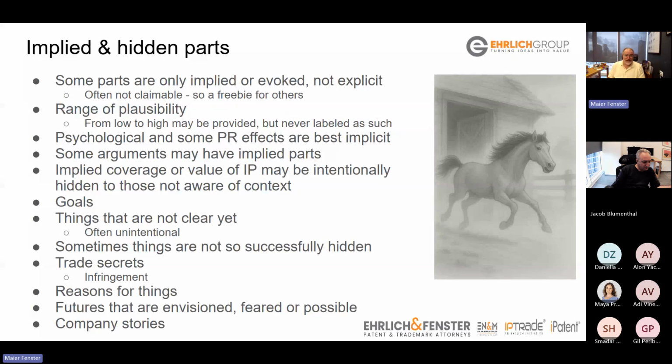You're never going to say this embodiment is less plausible, but anybody reading it who's in the know will be able to identify that you do or don't have this range of plausibility. Another example is these PR effects and psychological effects. You're not going to say, be afraid, be very afraid. You're going to have language which implies that maybe one day you're going to get a broad patent and they should be afraid, very afraid.